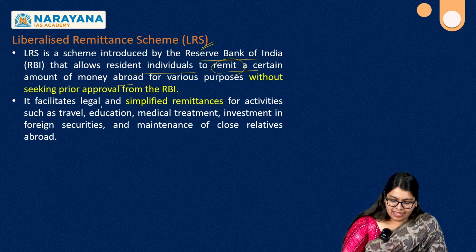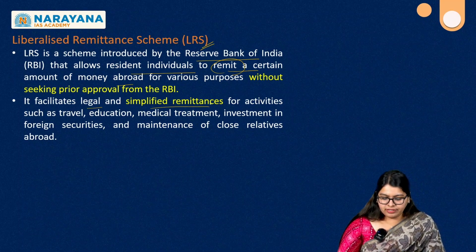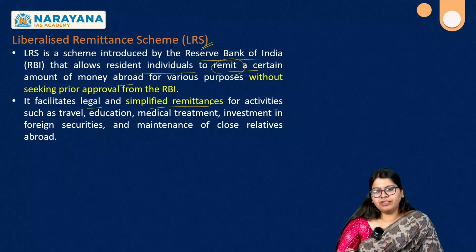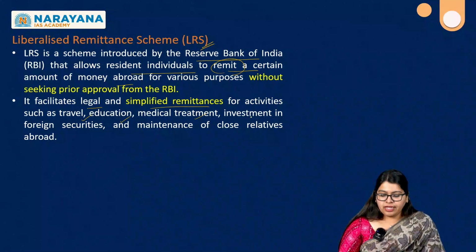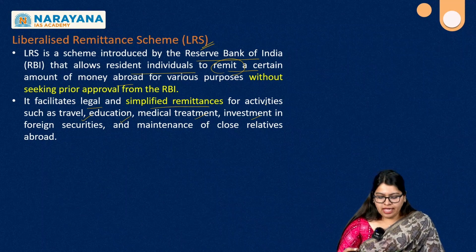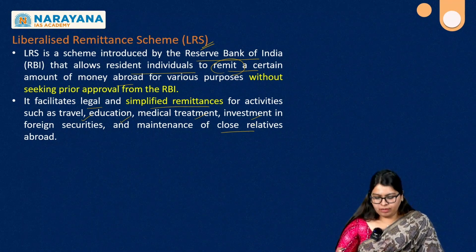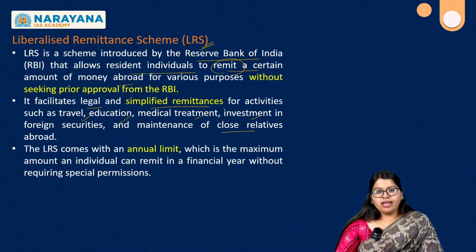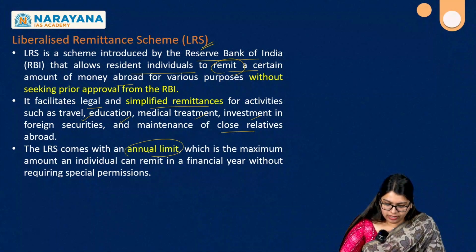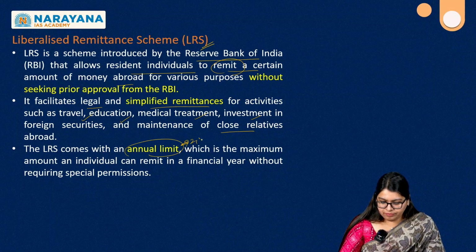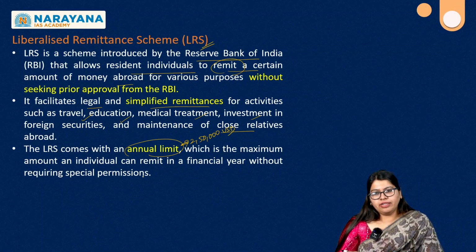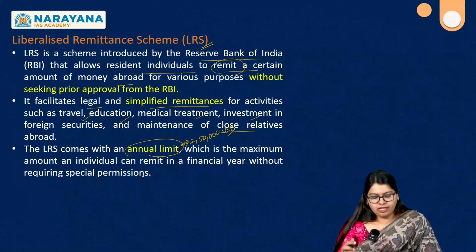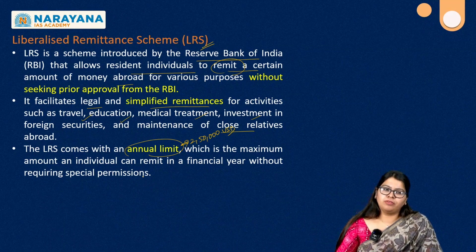It facilitates legal and simplified remittances for activities, and the activities include travel, education, medical treatment, investment in foreign securities, and maintenance of close relatives abroad. The LRS has an annual limit of 2,50,000 USD. This is the maximum amount that an individual can remit in a financial year without requiring special permissions.